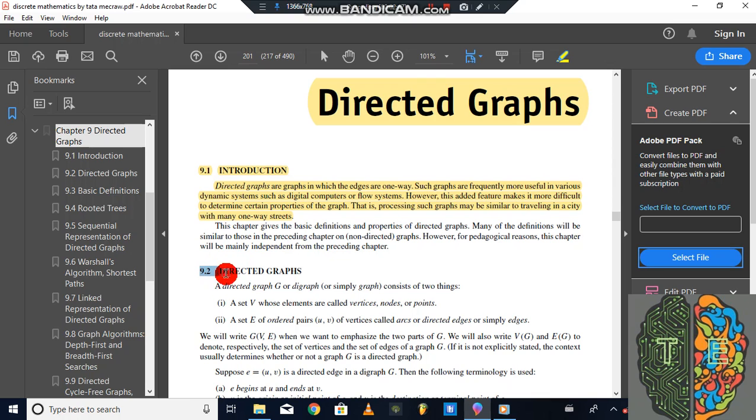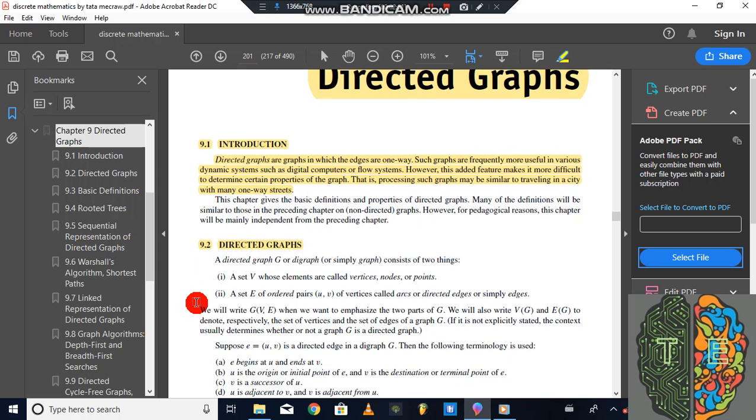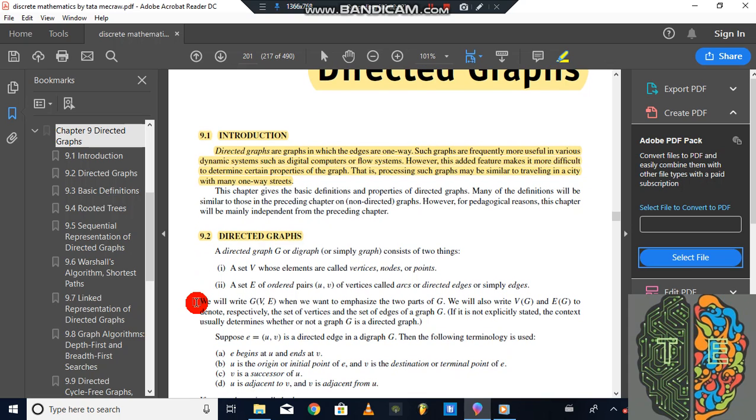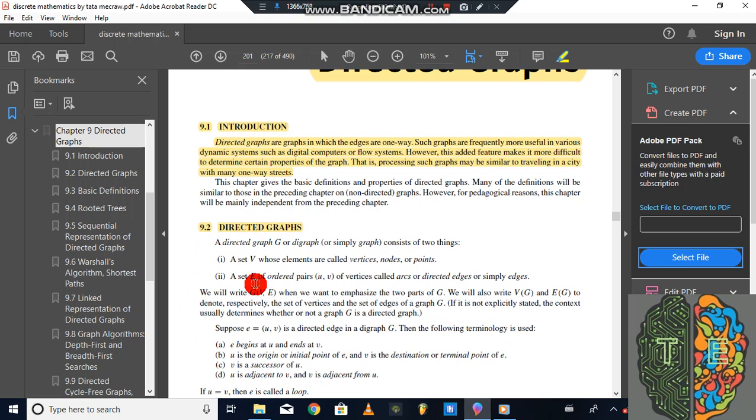This is topic 9.2, directed graph. A directed graph G, or a digraph. What is the meaning of digraph? Digraph and directed graph are two different names, but they are the same thing.